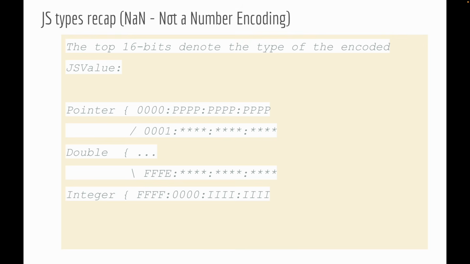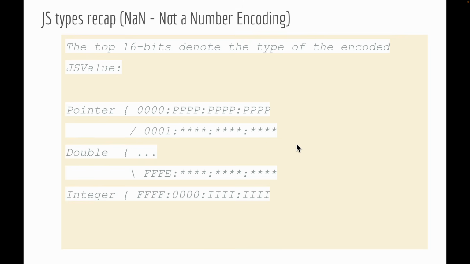You may have a prepending 0, 0, 0, 1, which is 2 to the 48, and then a double value. There are negative double values with FFFE, or you can have an integer, which is 32 bits on the lower 32 bits, and then you have FFFF 0, 0, 0, 0.